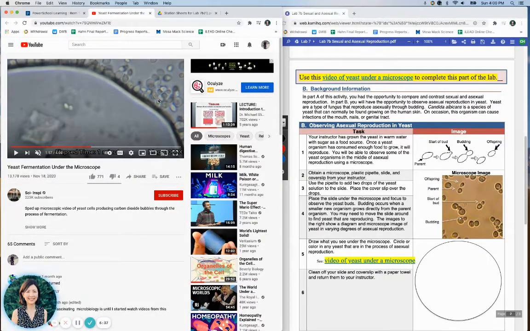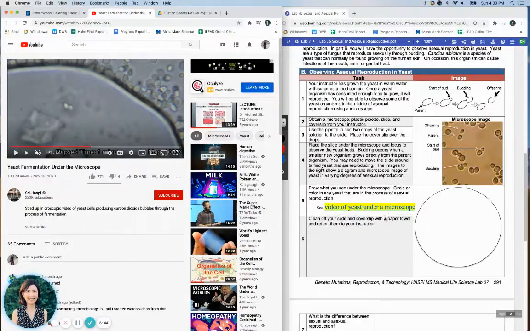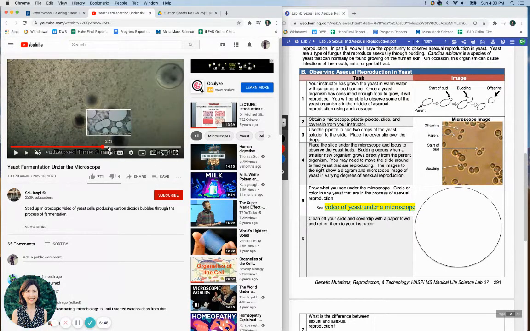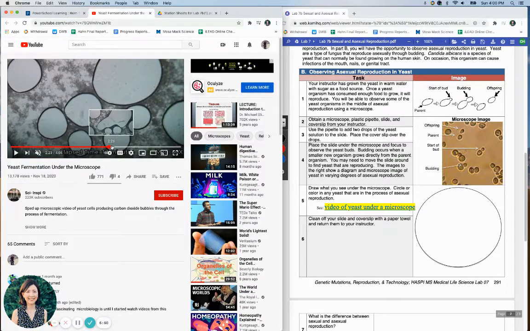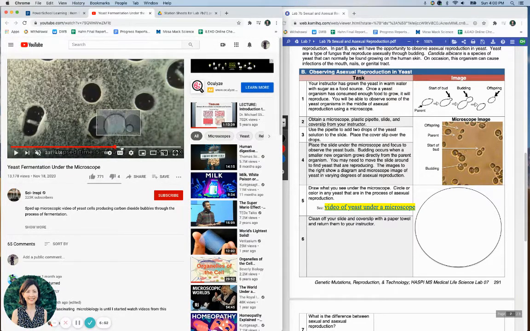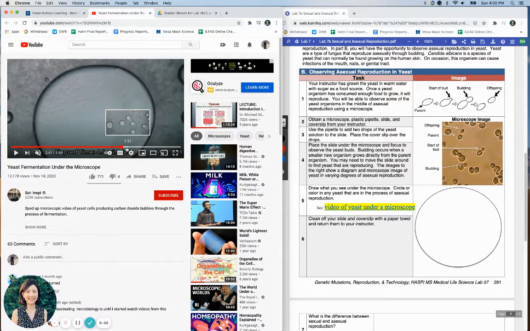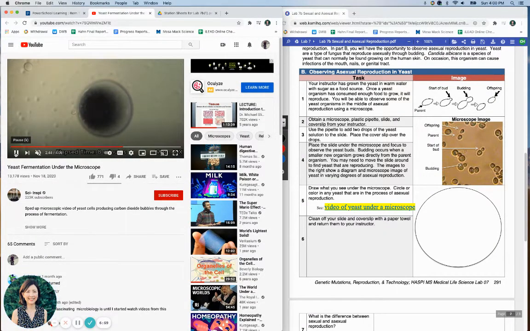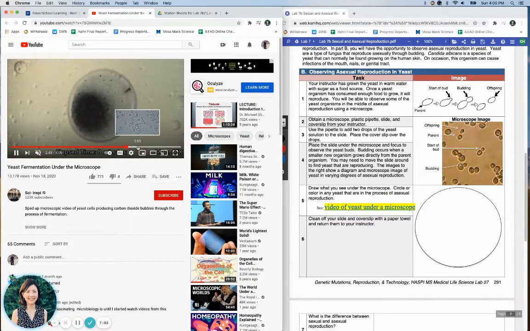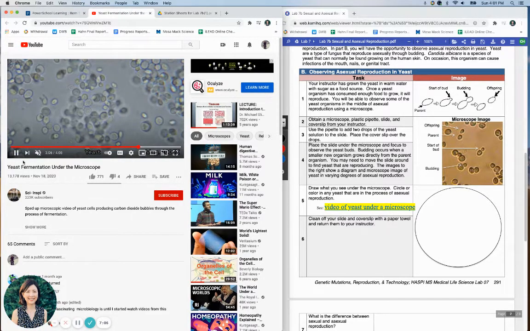But you can see right here, these are all the yeast. What you need to do is find a nice picture where he's magnified it, I think to about 1,000, and see if you can see some of them budding.